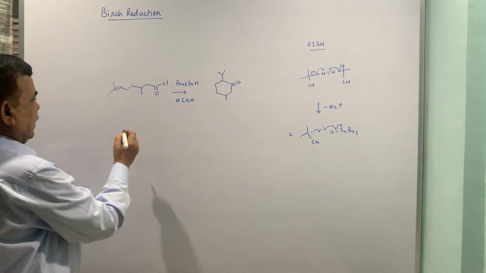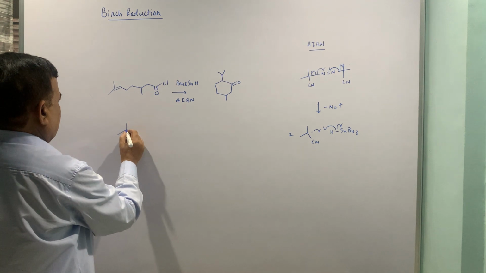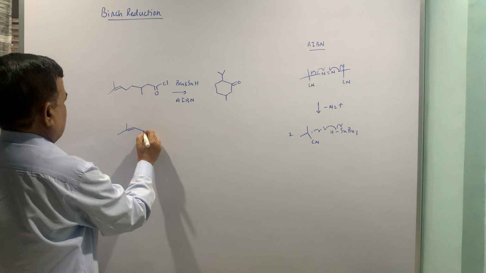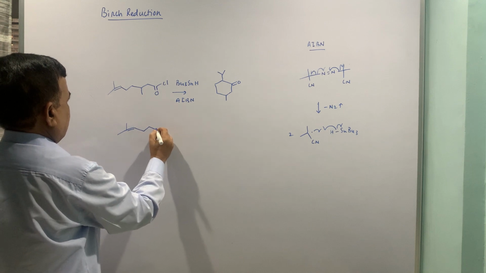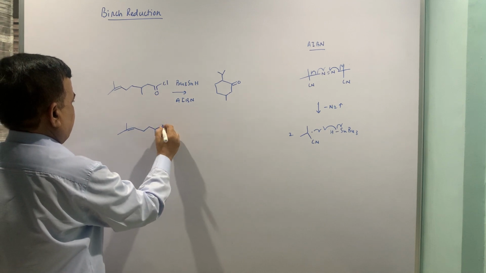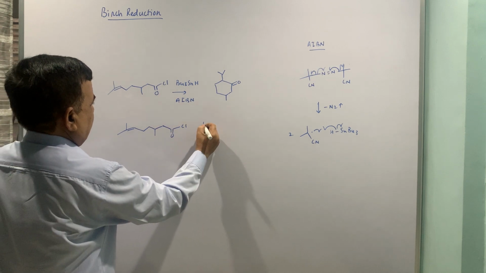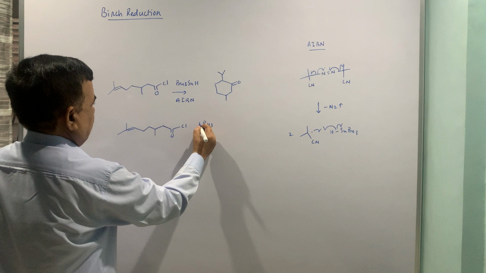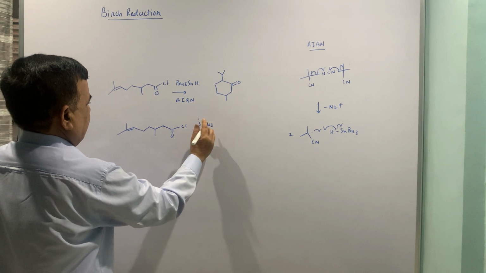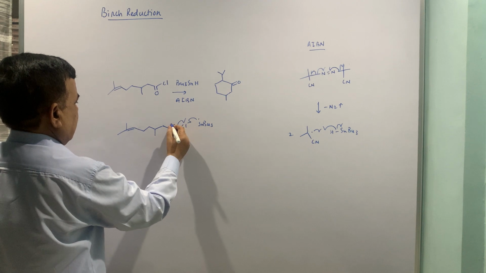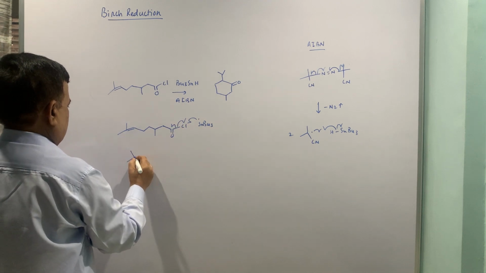Now, that tributyl tin interacts with this compound. Now, let me draw it as it appears. Now, this tributyl tin radical, now tin should be here, interacts with this and you generate a radical here.